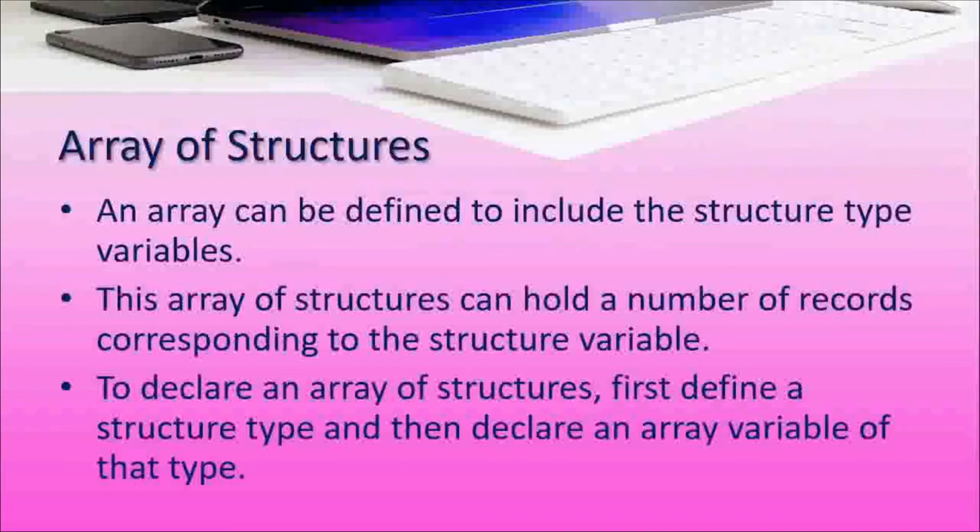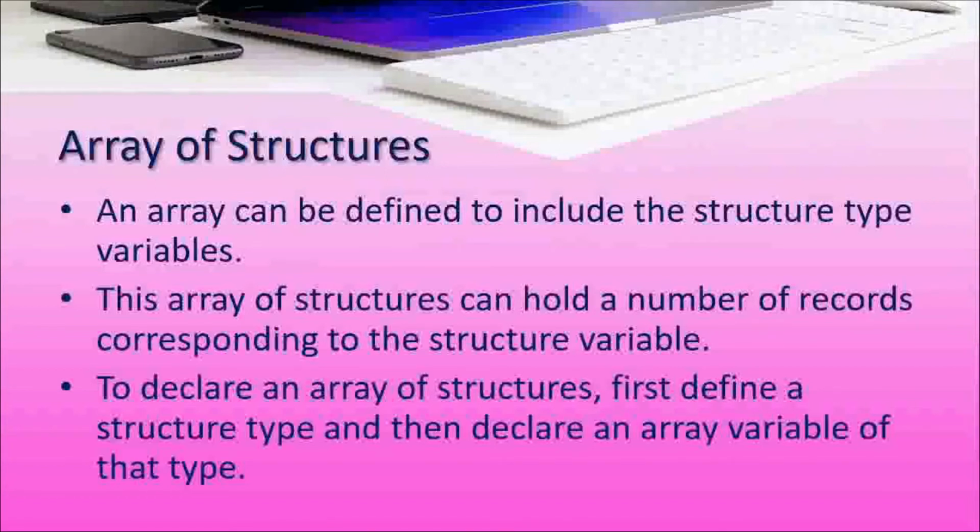To declare an array of structures, first we have to define a structure type and then declare an array variable of that type. You know how to declare a structure type. In declaring a structure type, you have to give the tag name also. Then only we can define it as a particular structure type.